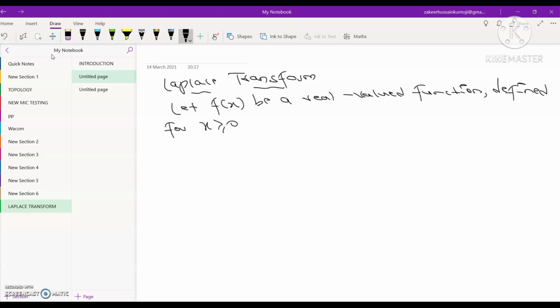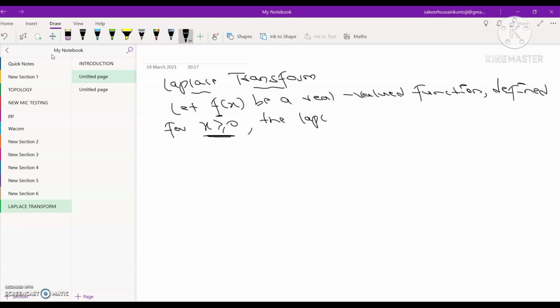It means that the domain of the function f is containing only non-negative elements. The meaning of this condition is that the domain of the function f is containing only non-negative elements.